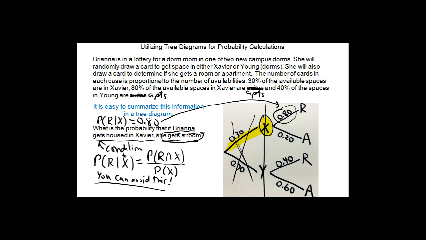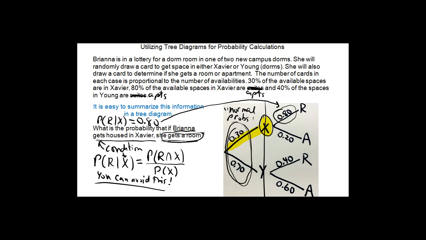So here's the bottom line. Your normal, I'll use that word, although I'm not going to define it, your normal probabilities lie on the initial branch.